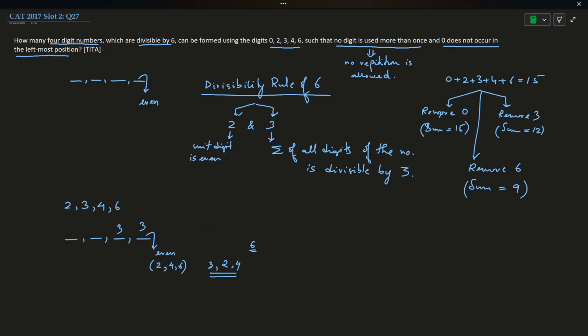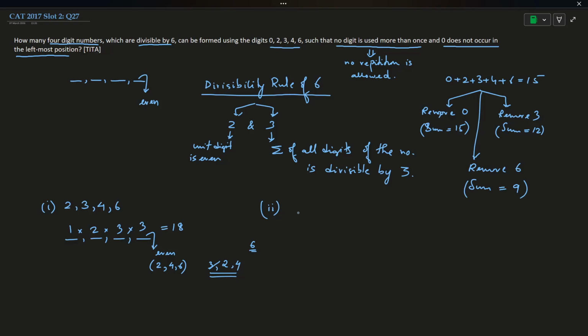So now we have 3 choices. Once I have used any of them, I will have 2 numbers left, so this can be filled with 2. This can be filled with 1. And by using the principle of counting, I will multiply. So 9 into 2, 18. There are 18 numbers. This is your first case, when 0 is not there.